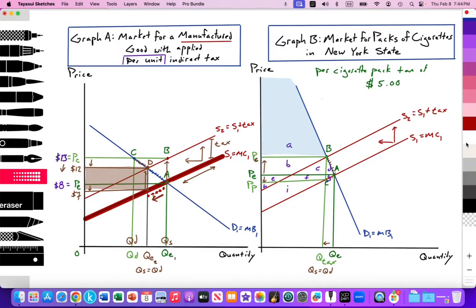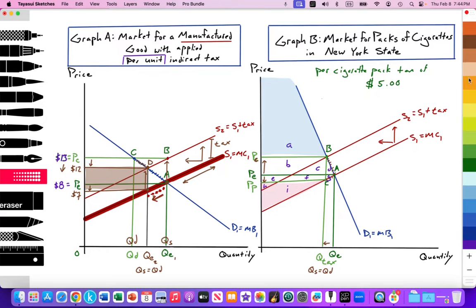What about producers? Producers are negatively impacted because we can see that the original producer surplus, as we follow the supply curve to the original free market equilibrium price, included areas E plus F plus G plus H plus I, but it's reduced to areas H plus I. So reduced producer surplus for the producers of tobacco.